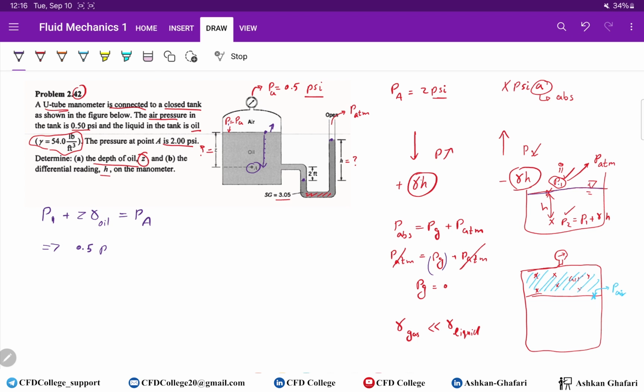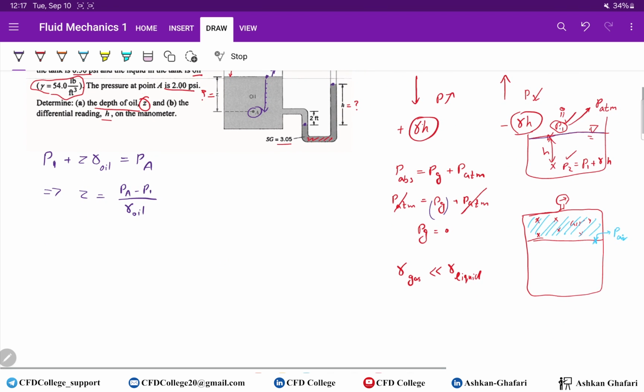Let me find Z first. Z equals PA minus P1 divided by gamma of oil. Okay, now we can find Z. Z equals PA, which is 2 psi, pounds per inch square, minus P1, 0.5 pounds per inch square.